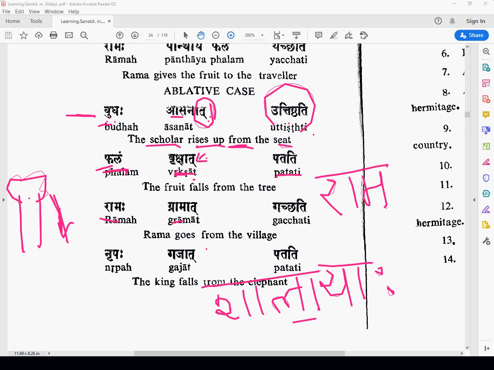Gramat, from the village, he is moving away, going away. There is separation. Ramaha goes away from the village. And Rupaha gajat patati, the king falls from the elephant.